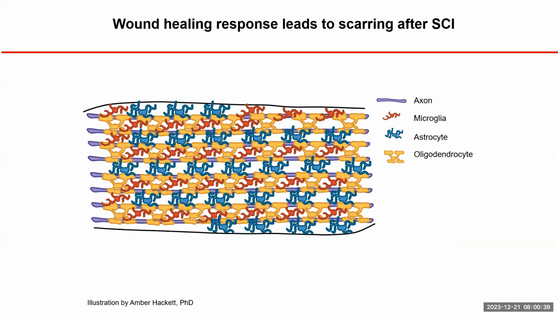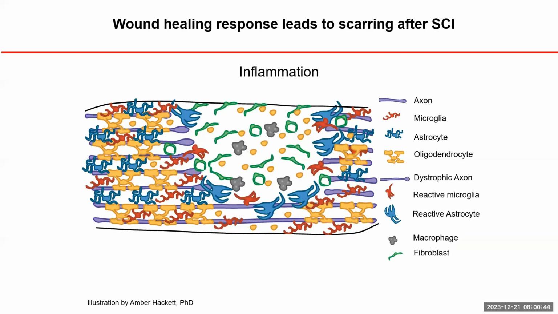The wound healing response is typically characterized by inflammation initially. We have this initial damage that causes tissue necrosis and other types of cell death. We have infiltration of immune cells. So a cell population or cytoarchitecture that was heterogeneous to begin with has now become even more heterogeneous.